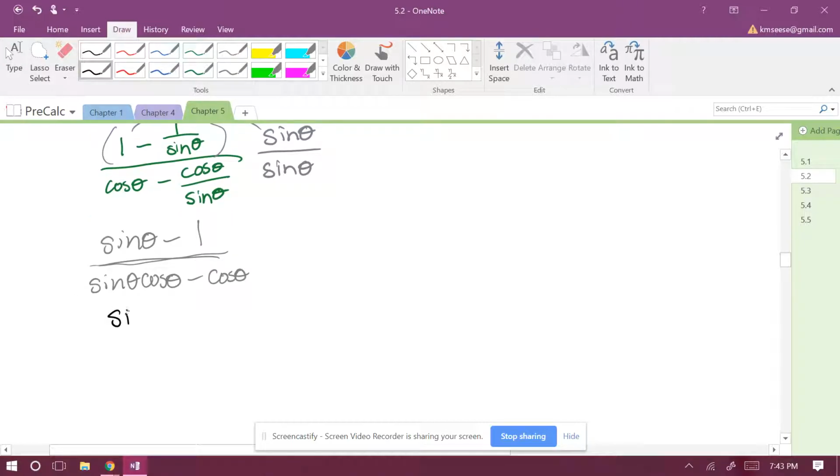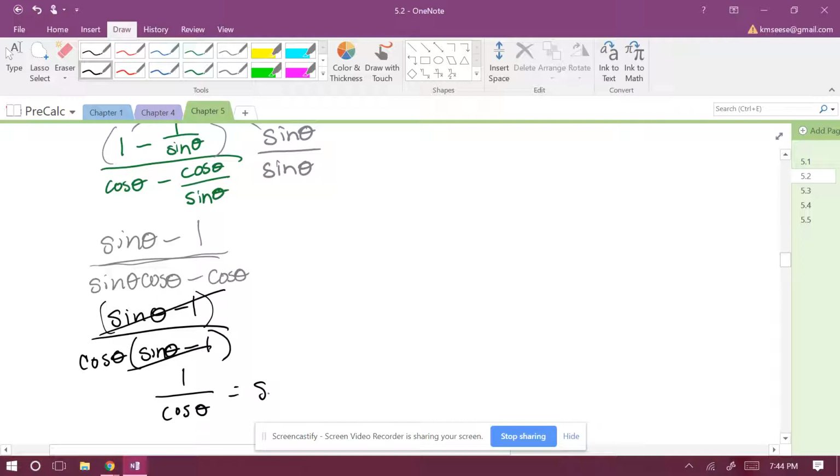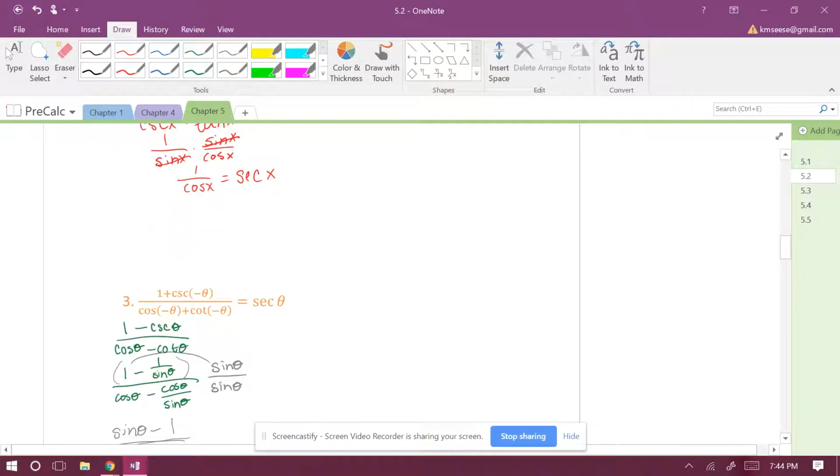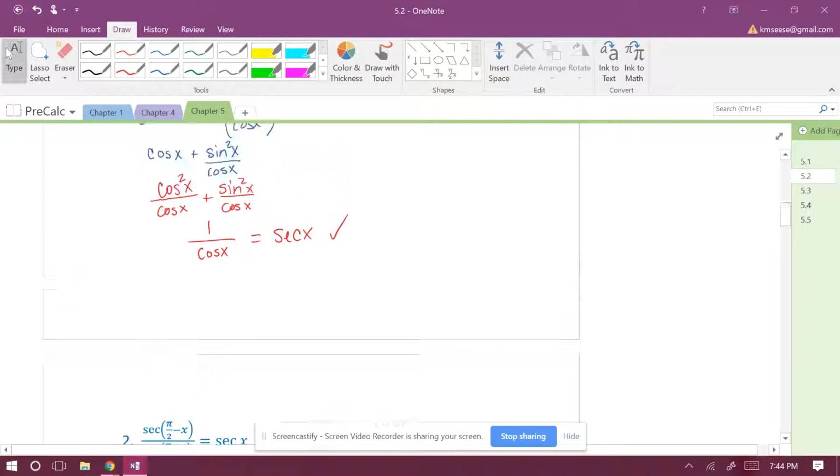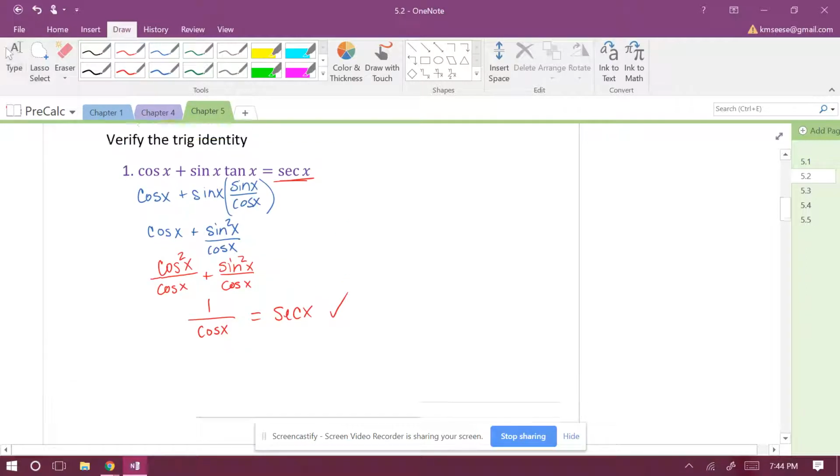So my numerator, I have sine of theta minus 1, over, factoring out a cosine of theta, I have sine of theta minus 1. Looking here now, what I have in parentheses cancels. And I'm really just left with 1 over cosine of theta, which, once again, is secant of theta. So 3 very drastically different problems, but they all reduce to secant of theta.